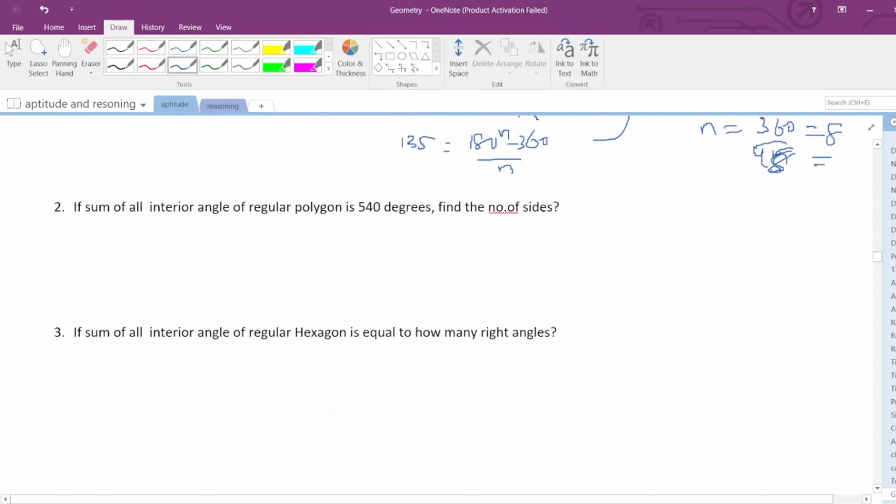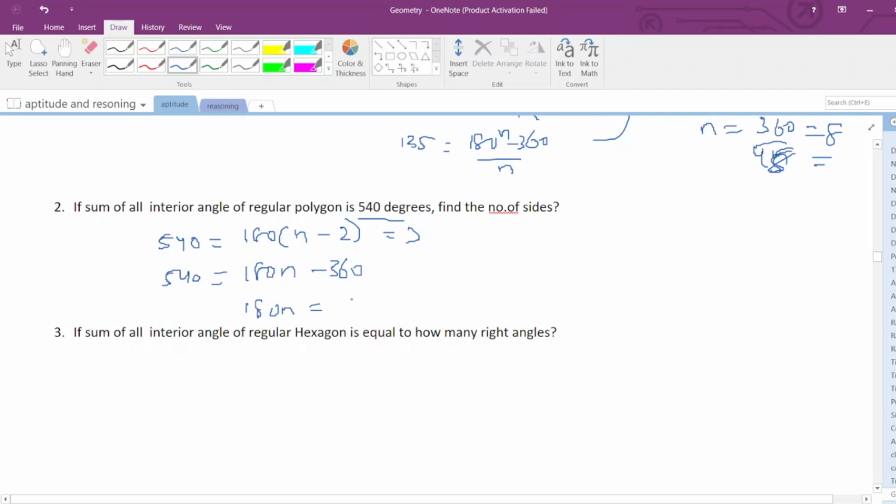In the same way, see, if the sum of all interior angles of a regular polygon is 540, find the number of sides. In the previous one, each angle was given. Okay, now find the number of sides, where the sum of angles is given. So the sum of angles is equal to 540. So 540 is equal to the formula 180 into (n minus 2), right? So 540 is equal to 180n minus 360. So 180n is equal to 540 plus 360.